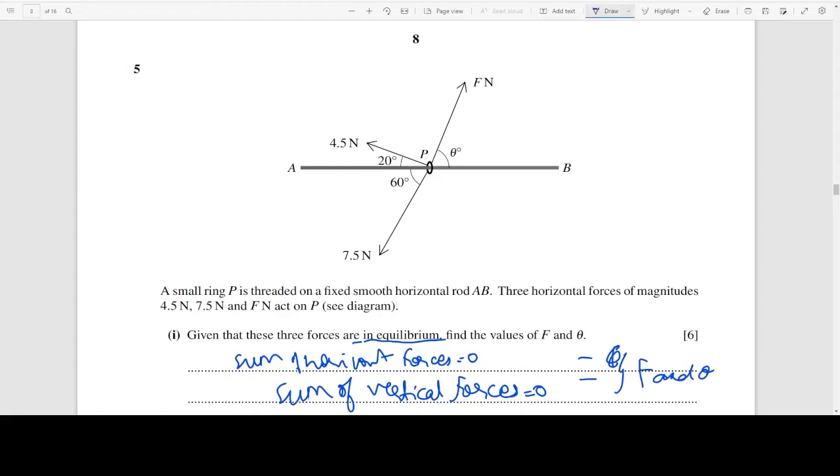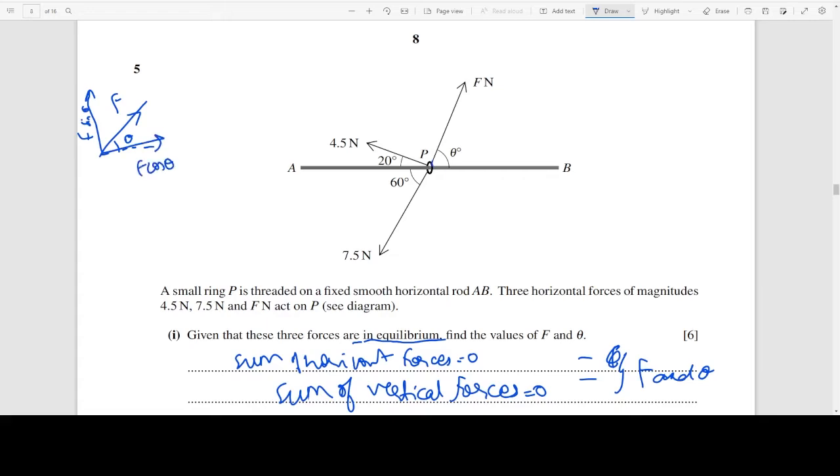So first let's take the horizontal components. I hope you all know that, let's say if you have this F and this is theta, if you resolve this you'll get F sine theta, and this is going to be F cos theta.